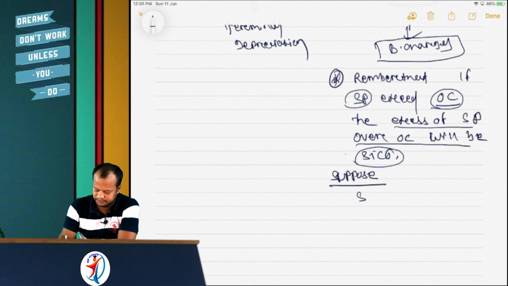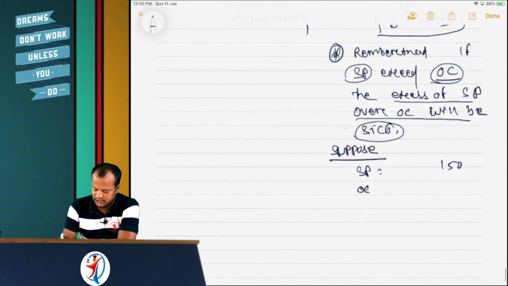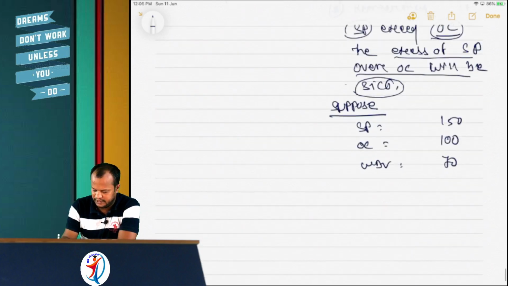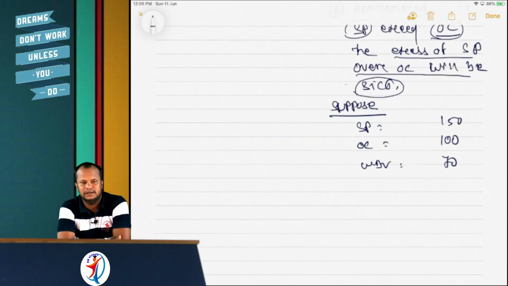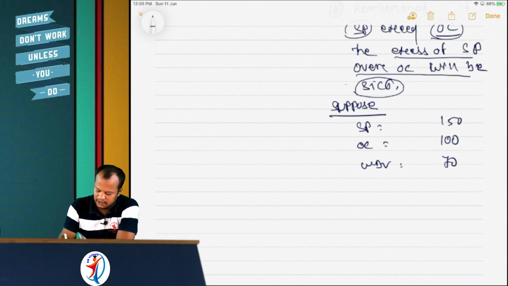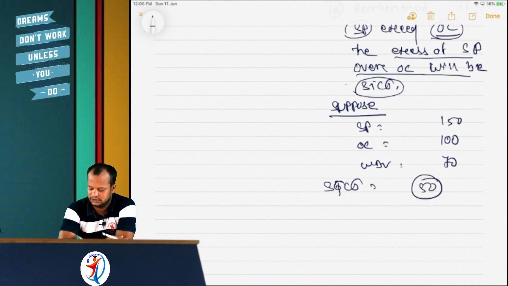Suppose selling price 150, original cost 100, WDV 70. In that case, STCG will be 50. Yes or no? Yes.